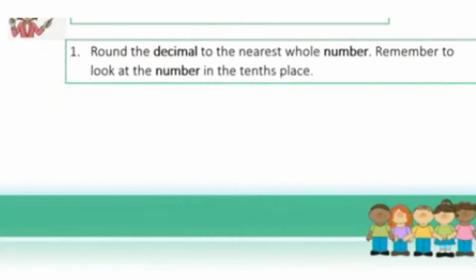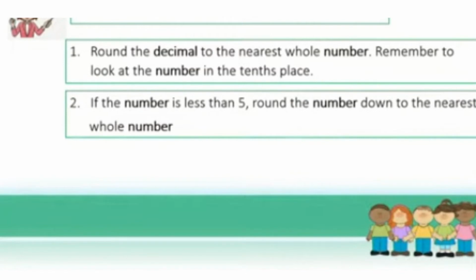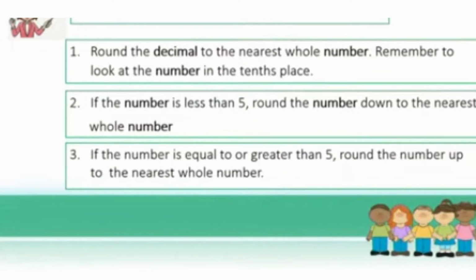First, to find a reasonable estimate using decimal numbers, round the decimal to the nearest whole number. Remember to look at the number in the tens place. Second, if the number is less than 5, round the number down to the nearest whole number. Third, if the number is equal to or greater than 5, round the number up to the nearest whole number, and then add 1 to the whole number.